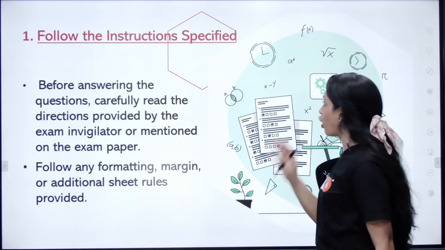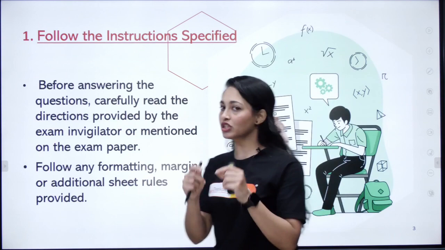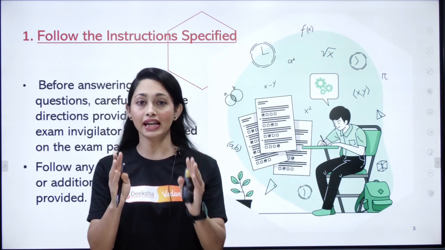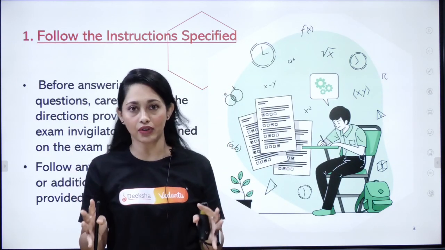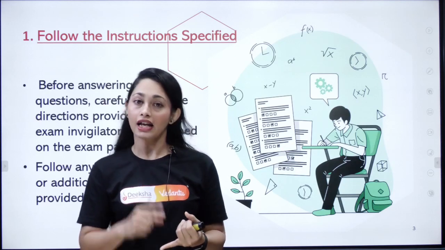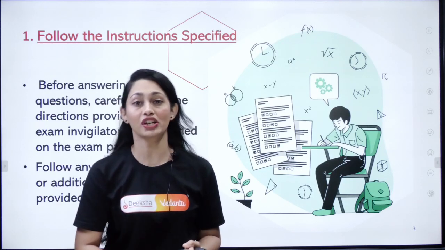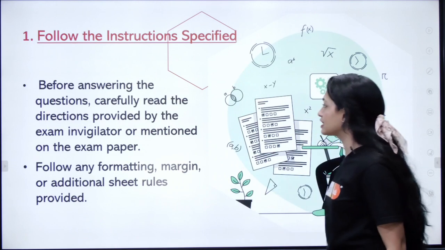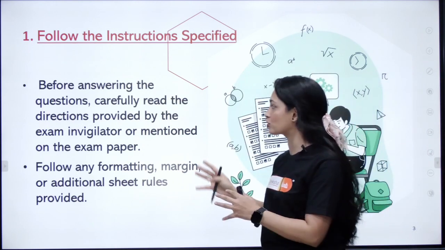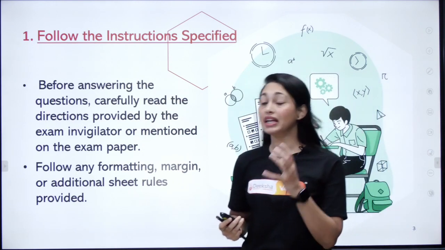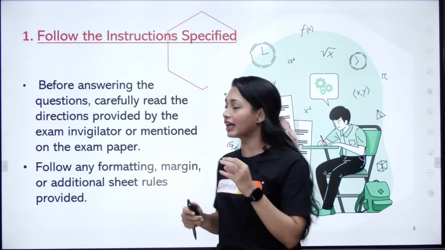Let's get started. Follow the instructions specified. First, 5 to 10 minutes, you need to read all the instructions that have been given, even on your hall ticket, admit card, as well as on the question paper. Before answering the questions, carefully read the directions provided by the exam invigilator or mentioned on the exam paper.